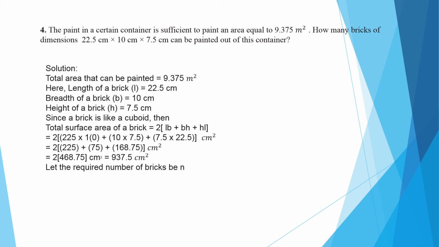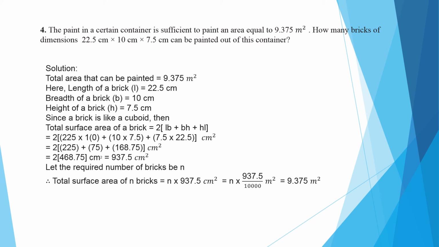So we will assume, let the number of bricks be n. So the total surface area of n bricks is equal to n into 937.5 centimeters square, which is equal to n into, now convert centimeter square into meter square, we will divide by 10,000.